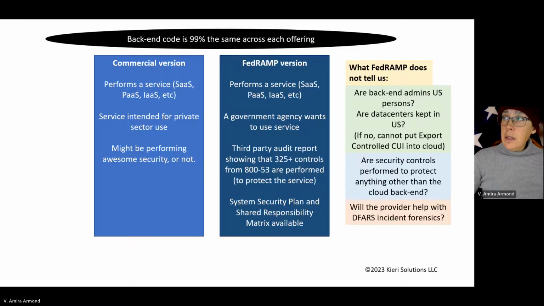Now, what FedRAMP does not tell us is, first off, where are the data centers, and who are the admins on the back end, right? So remember that this is a cloud service. It's just servers, right? It's just operating systems.